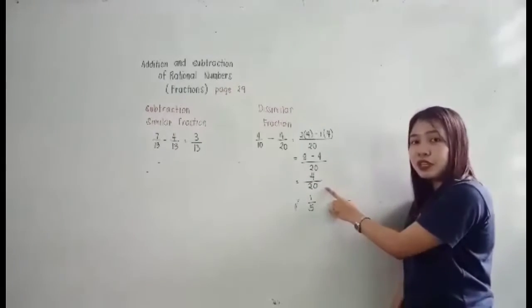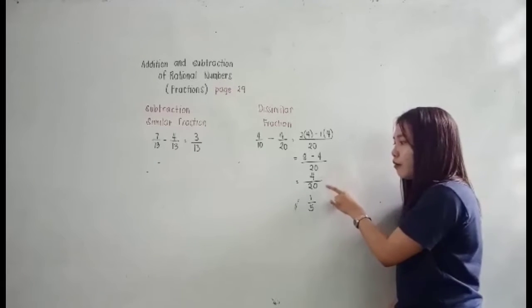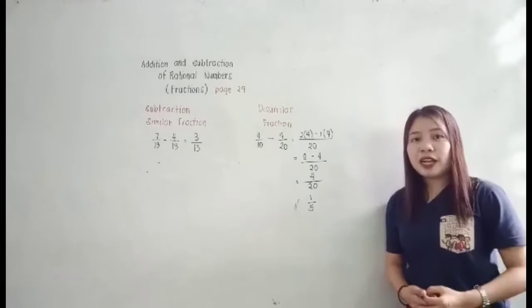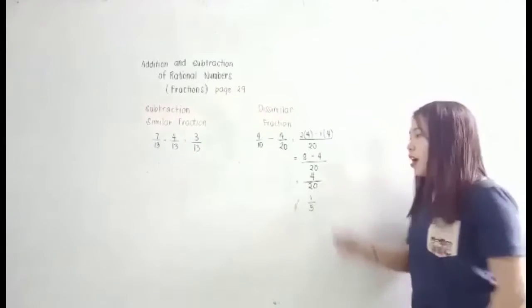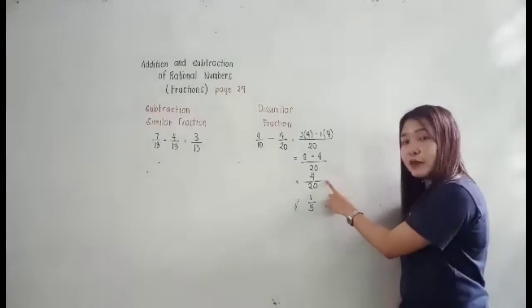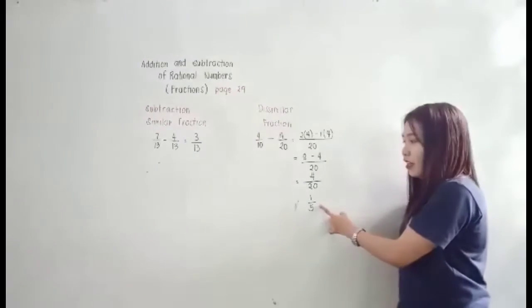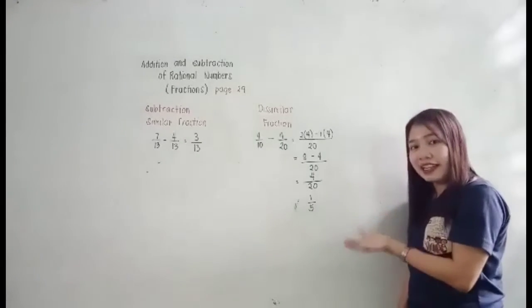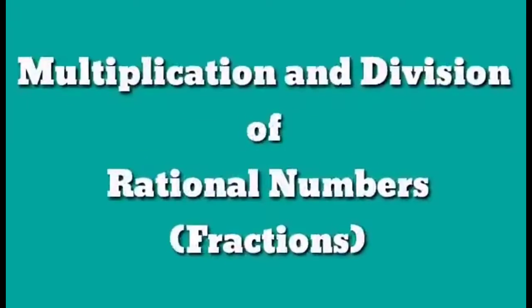Then, copy the denominator 20. Since ang 4 over 20 ay pwede pa nating kuhanan ng lowest term kasi sila ay parehas divisible by 4. Okay? So, ang ating lowest term ay magiging 1 over 5. Okay? So, our answer is 1 over 5.